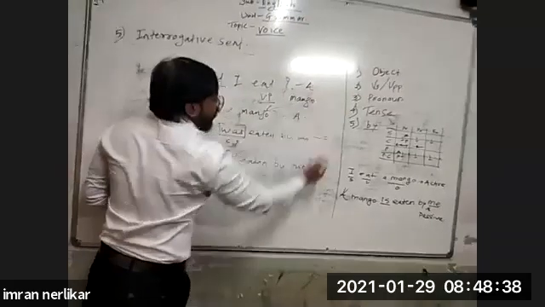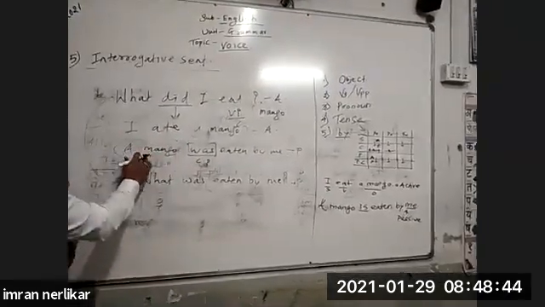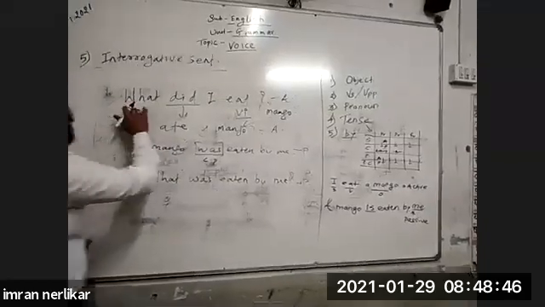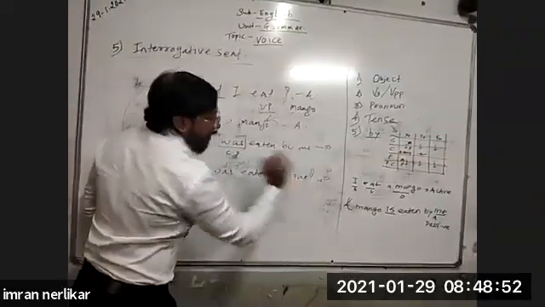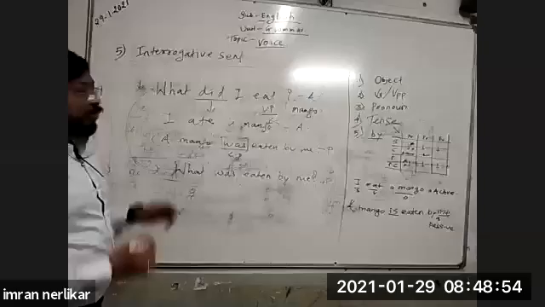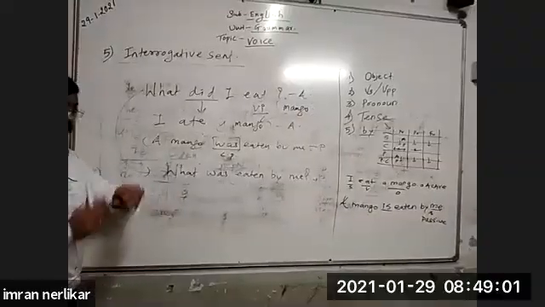Question active, question passive. These are the two steps which I have given to help you understand in the easiest way. Otherwise, the question is what did I eat? The passive is: What was eaten by me? And how is this answer taken? By these two steps. I hope you have understood this.